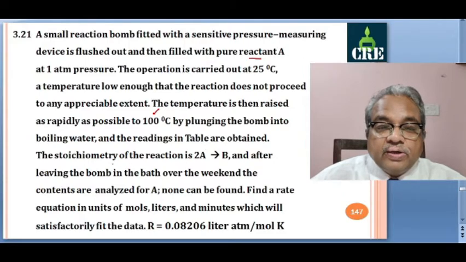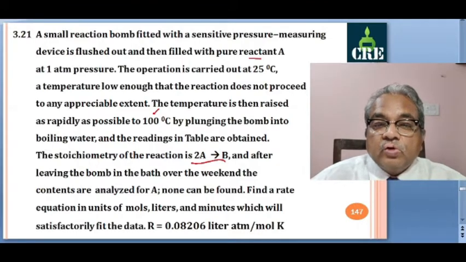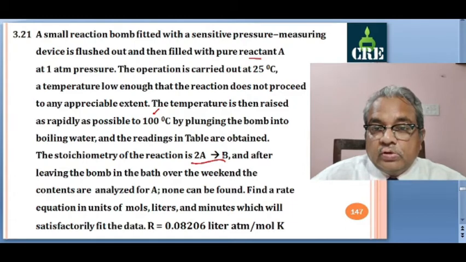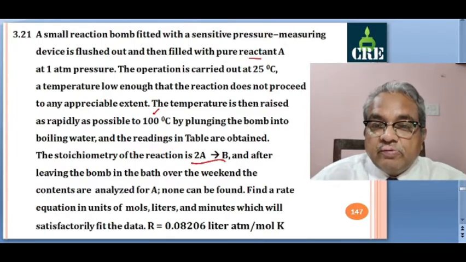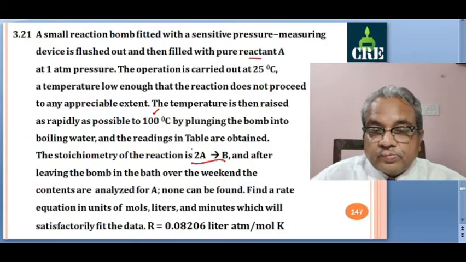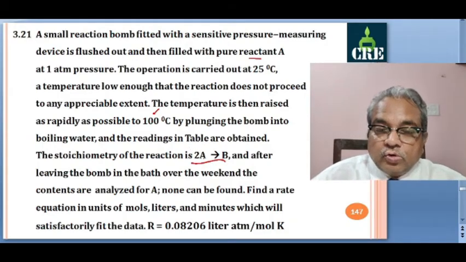The data is provided in the table. The stoichiometry of the reaction is given: 2A gives B. Now you can see the number of moles is reducing, so the volume is reducing, and you have a pressure measuring device, so you can note the change in pressure as the volume changes.